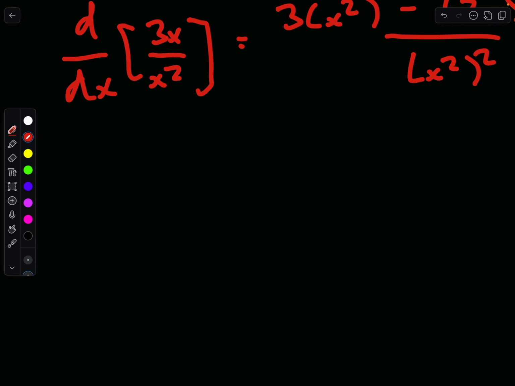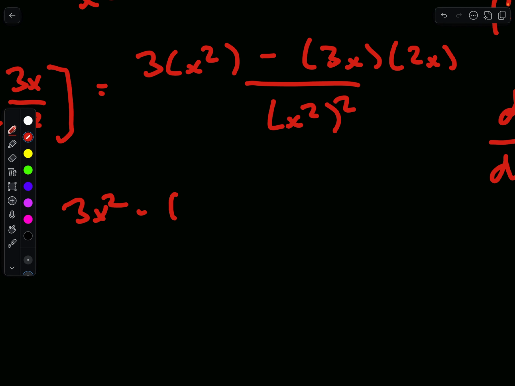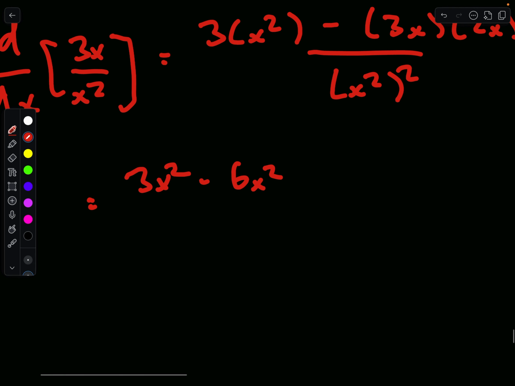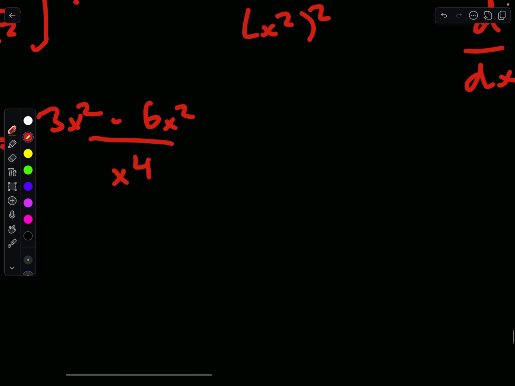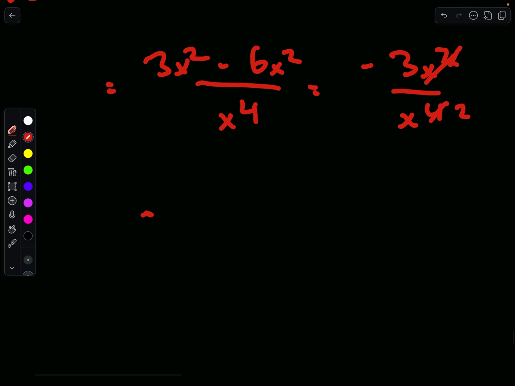So then this becomes 3x squared minus 6x squared over x to the fourth, which is negative 3x squared over x to the fourth. You can cancel out the exponents, and f prime of x equals negative 3 over x squared.